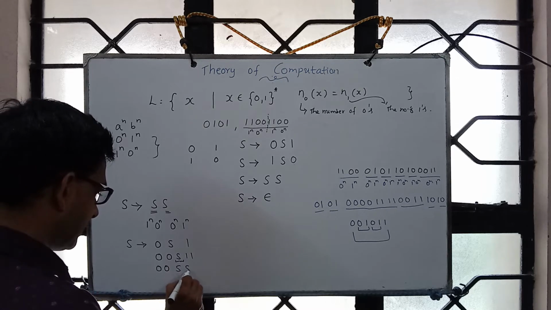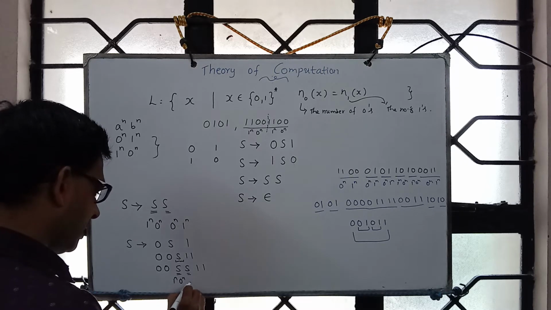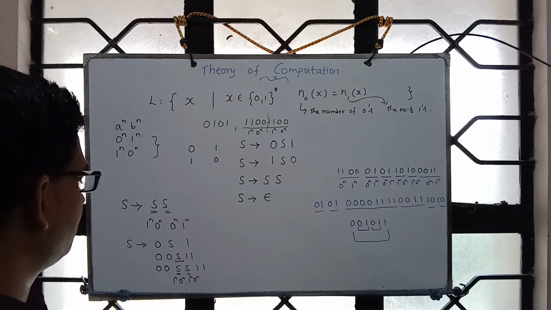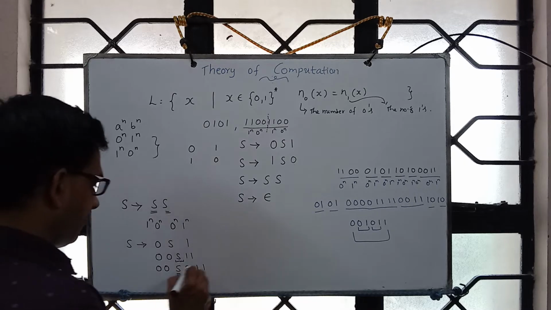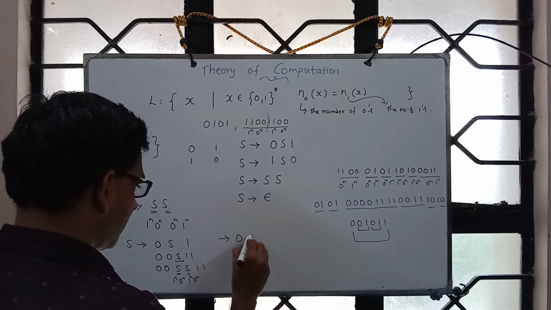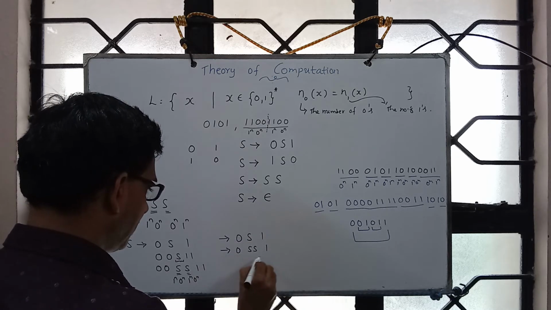You can have SS followed by 1 1, and this S could be 1 power n, 0 power n. This could be again 1 power n, 0 power n. And you can apply this any number of times. Okay. And from 1 we got 2, and if you need 3, then it becomes 0 S S 1.